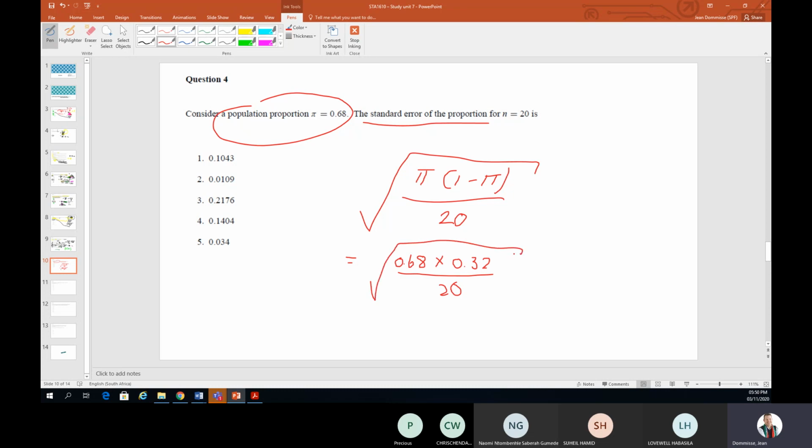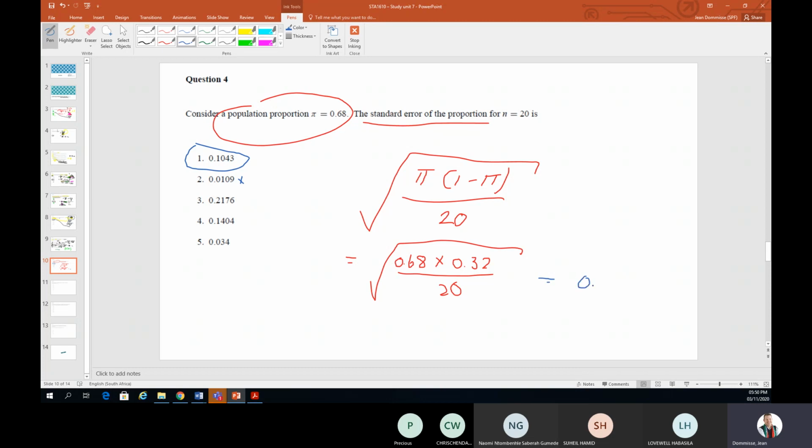So 0.68 times 0.32 gives me 0.218. That divided by 20 gives me 0.0109. So automatically look at that, there was that option, but I need to take the square root of that, which gives me 0.1043, okay, which is that option.